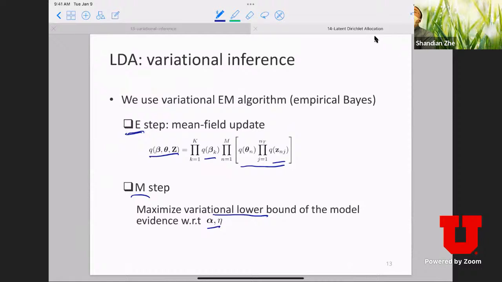It's a very simple structure we assume. So the word distributions for the topics, the topic mixtures, and the topics of the words are all factorized, across topics, across documents, and across words. Of course, this might be oversimplified, but in practice, this often works quite well.